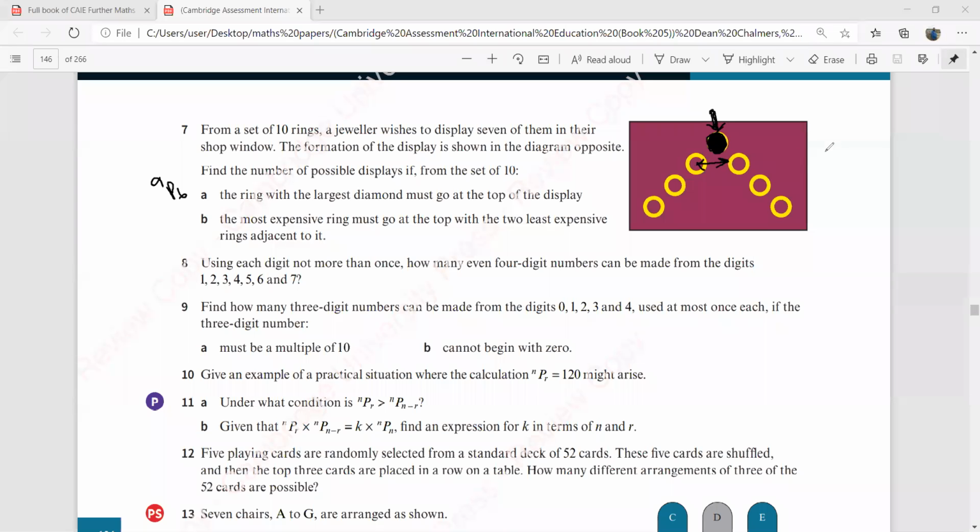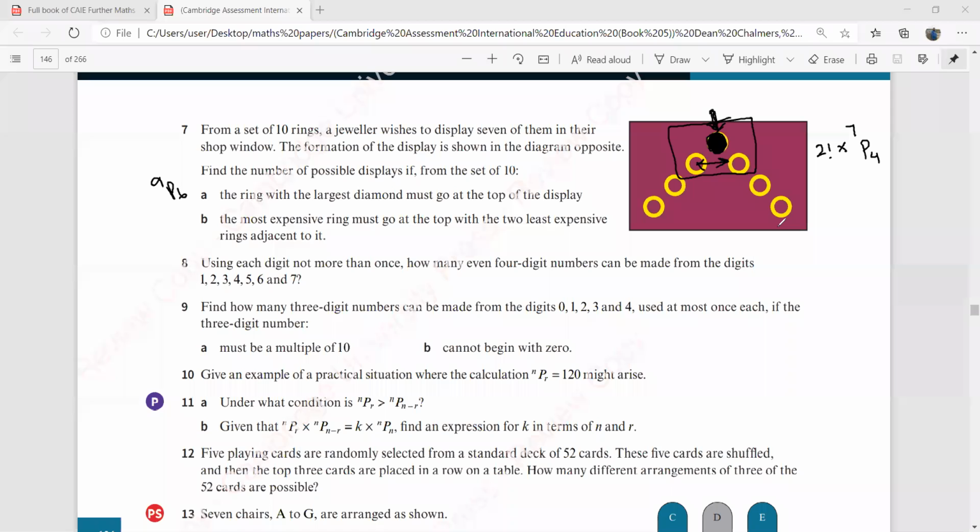Nothing to be bothered about with the one at the top, obviously it is one. For the 2 least expensive I should have 2 factorial, because they can be in any order. Times, we have used 3 from the 10. How many are left? 7. So 7 are left, and we have to put 4 over here. So this is going to be 7P4.